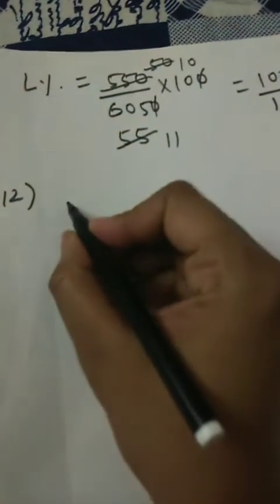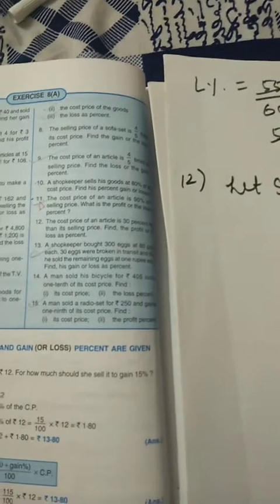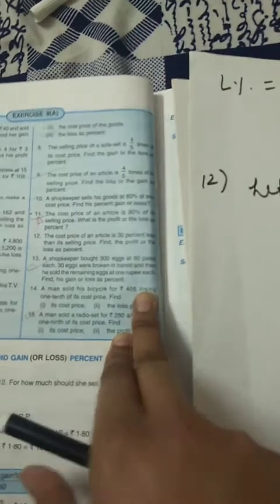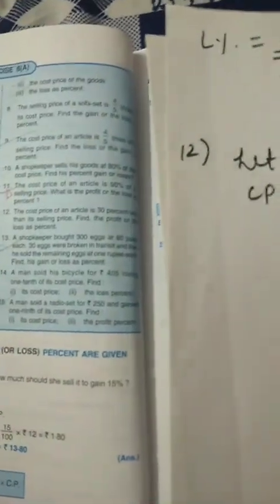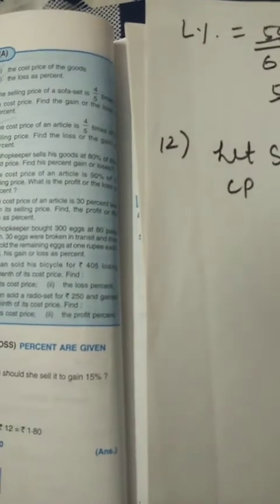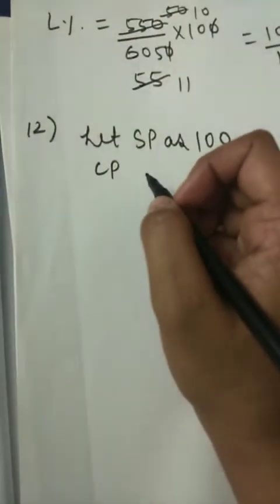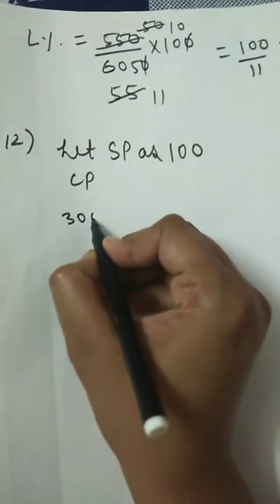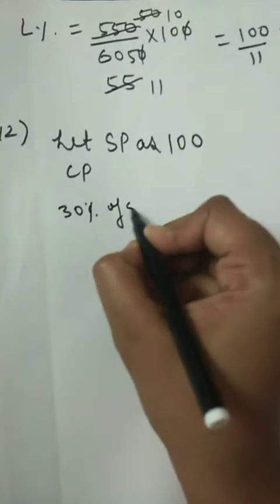Here we will just let selling price as 100. Now in the question they are saying that cost price of an article is 30% less than selling price. So first we will find 30% of the selling price.